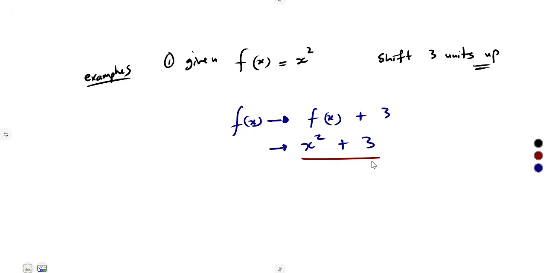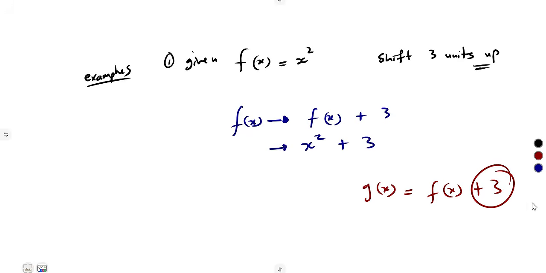So we have the new function. If you're answering exams, those are the types of questions that they will ask you: g of x is taken from f of x after a shift of 3 units up. So g of x from f of x is f of x plus 3 as we are going up. Then you substitute your f of x. The function that you'll be given will represent g of x, whatever you're being asked there.